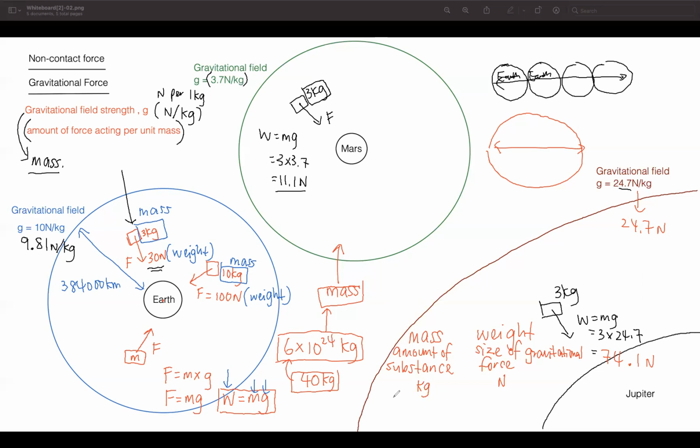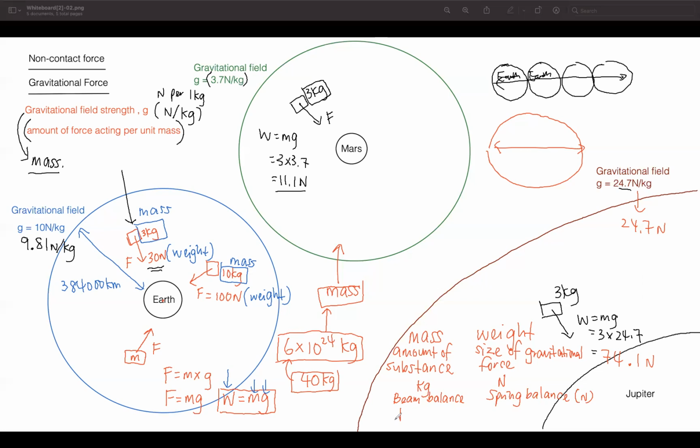Measurement, how do we measure them? Mass, we can measure using a beam balance. Weight, we can measure using a spring balance. So this is calibrated in Newton. This is calibrated in kg. What else? Talk about the consistency, whether it changed or not.